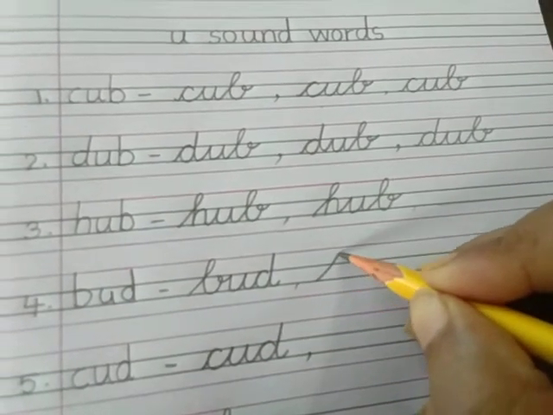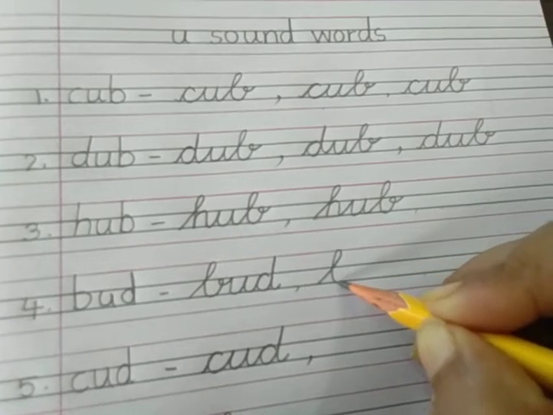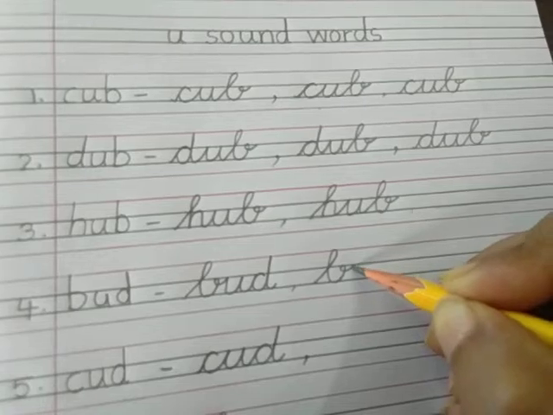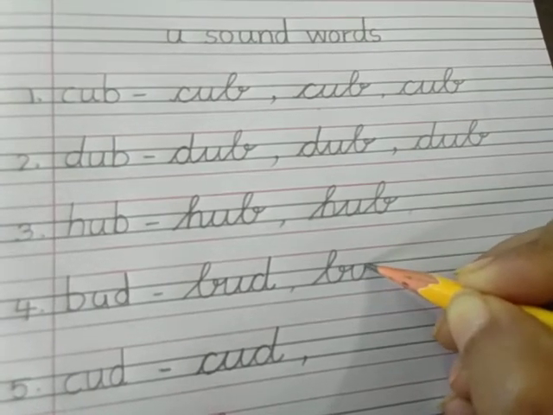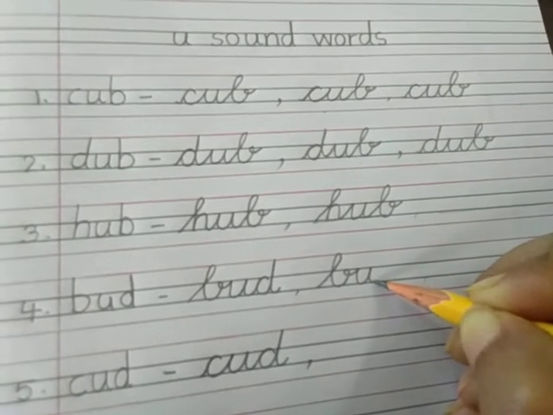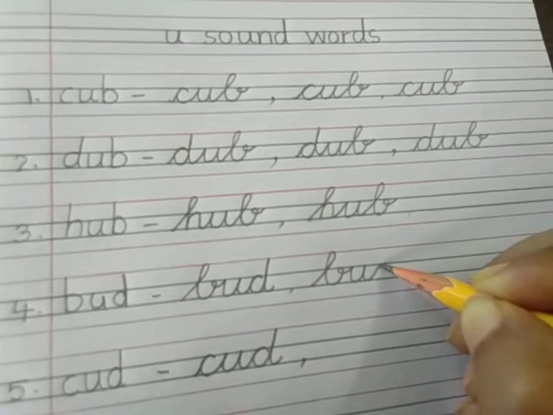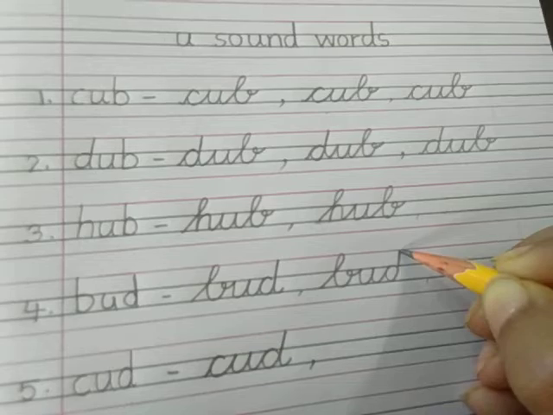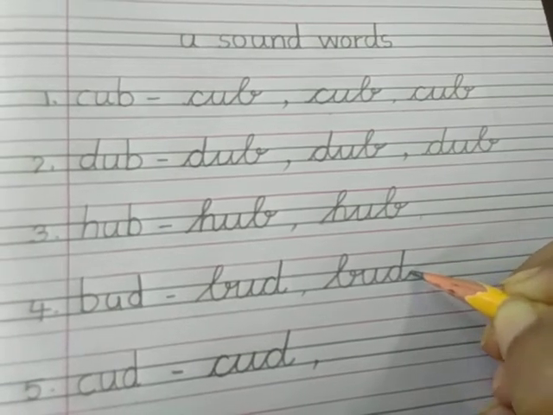Here B-U-D, bud. Write B. B is completed here. Now write U. U is completed. Then D. B-U-D, bud.